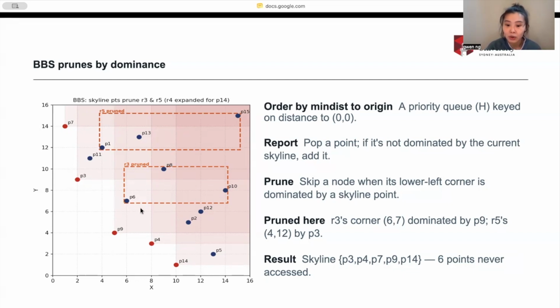One node with corner at 6, 7 is dominated by P9, and another with corner at 4, 12 is dominated by P3. So both entire subtrees get skipped, and there are 6 points that we never have to touch. And we arrive at the same skyline set as previously mentioned.